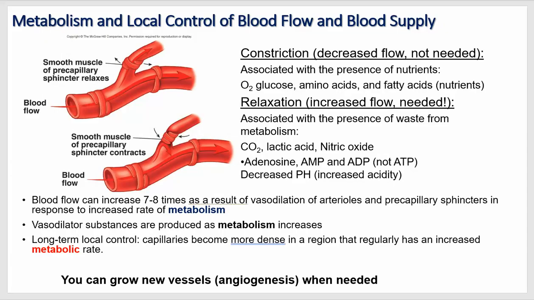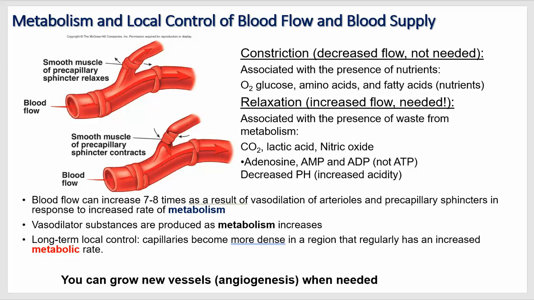All right, so let's talk about local control. So metabolism and local control, blood flow and blood supply. So one thing we know, and we can kind of piece this together, is that if you have enough nutrients, then there's really no reason for the body to start sending blood, or send a lot of blood, to that area.